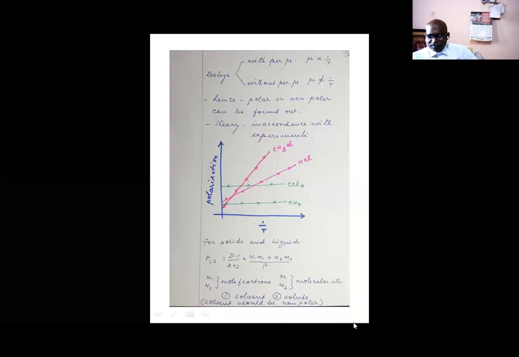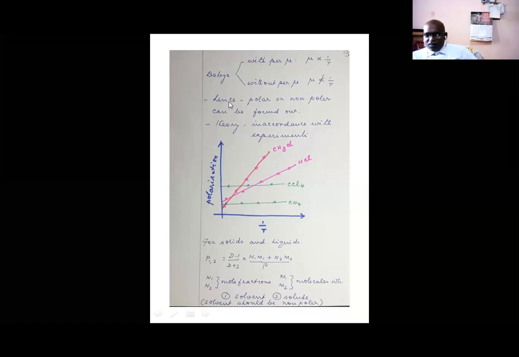Okay, right. Now look here. So Debye explanation. The questions may be asked: explain the Debye approach to the polarizability. See, the Debye explanation is for the molecules with the permanent dipole moment, which has a linear relation with 1 by T. Without permanent dipole moment, there is no relation between the dipole moment and the temperature.